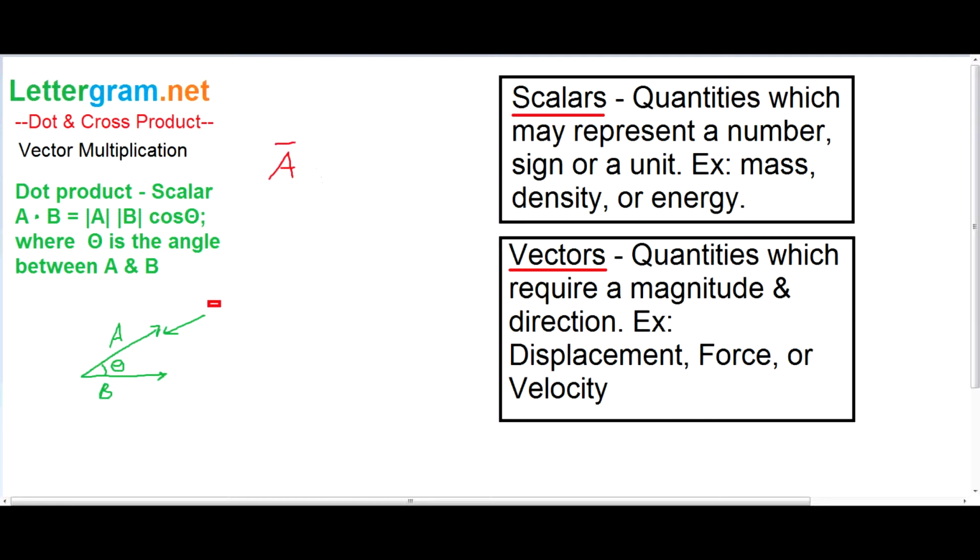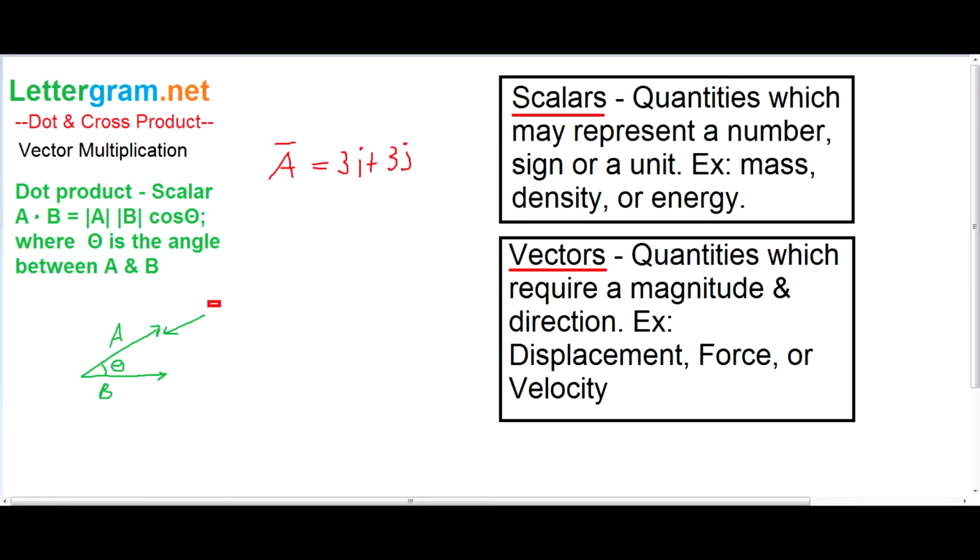you take, for example, vector a, which will be equal to some value of i, I'll call it 3i, plus some value of j, I'm going to call it 3j. I'm only going to use 2 dimensions in this case, but you could have a third dimension, which I'll call 3k, though I'm not going to use it in this example.